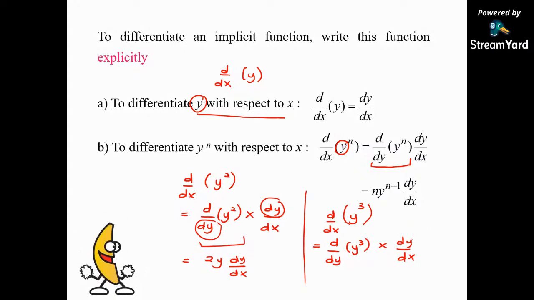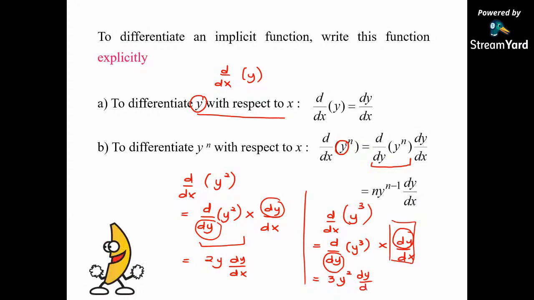Check your chain rule, make sure you do get d over dx of y cubed. Now differentiating y cubed, this is 3y squared, and then for this function you simply need to copy down and multiply with dy over dx. So that is what we mean by differentiating them implicitly.